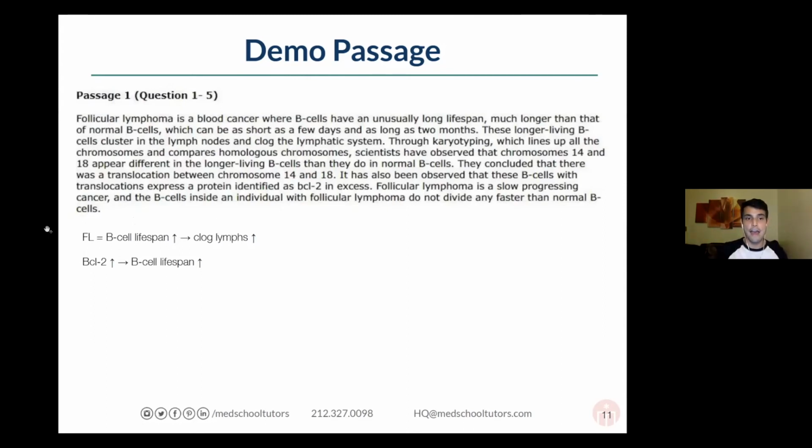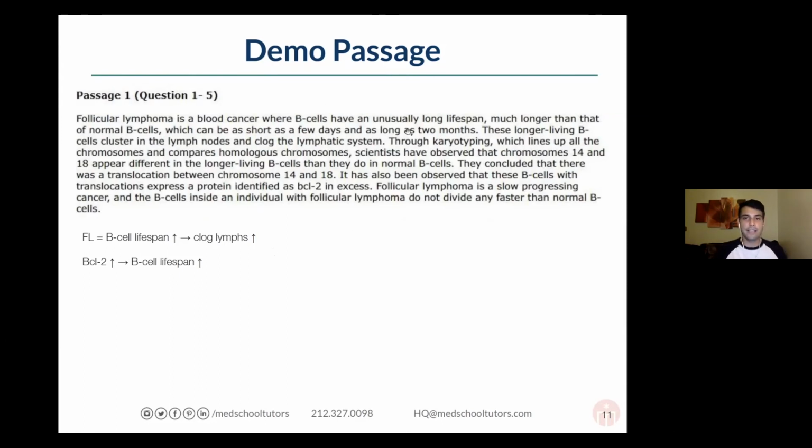We learned that FL happens when the B cell lifespan is longer, which leads to lymphs being clogged, right? And that's the relationship. FL is B cell lifespans increase, and then clogged lymphs increase.